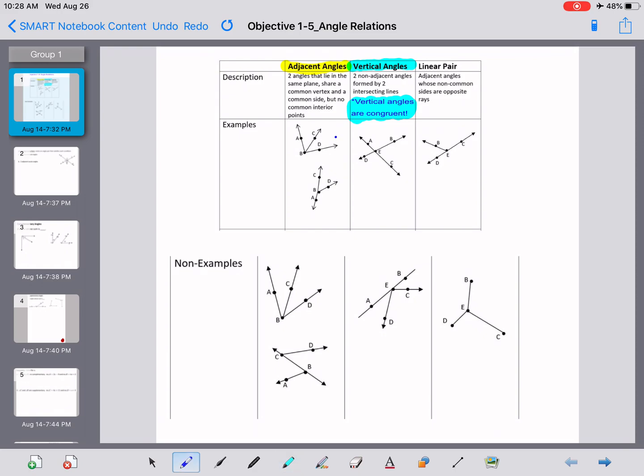So, in this picture, angle AED, okay? That angle is vertical to angle BEC. See, they make an X. Their intersection is where their corner or their vertex is.